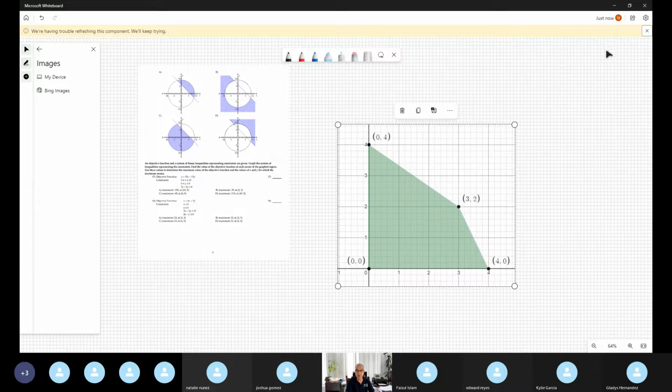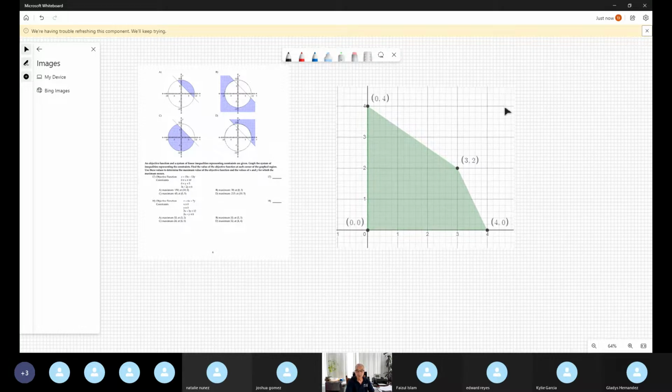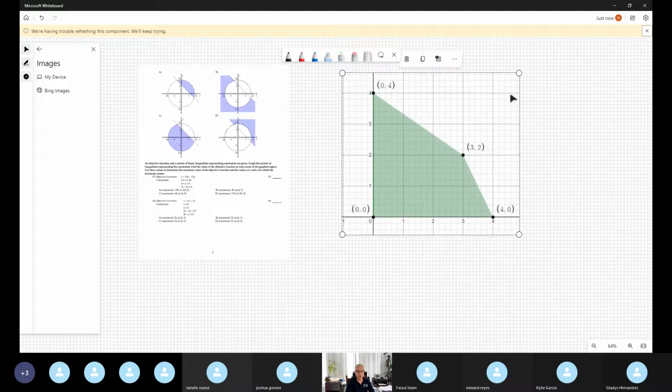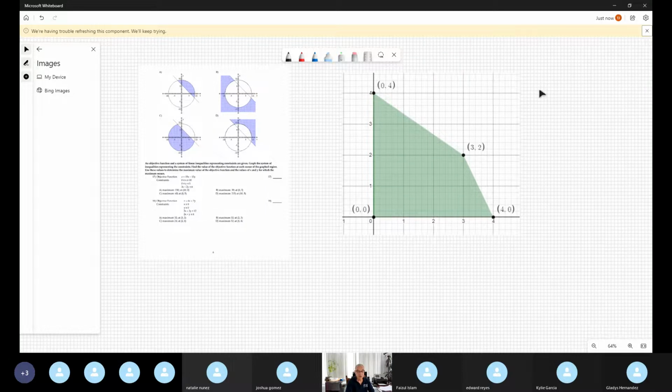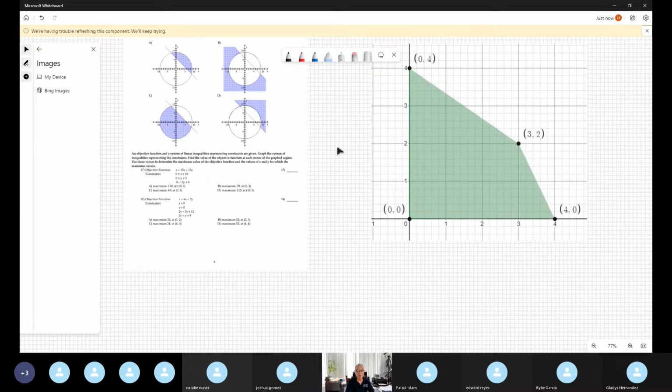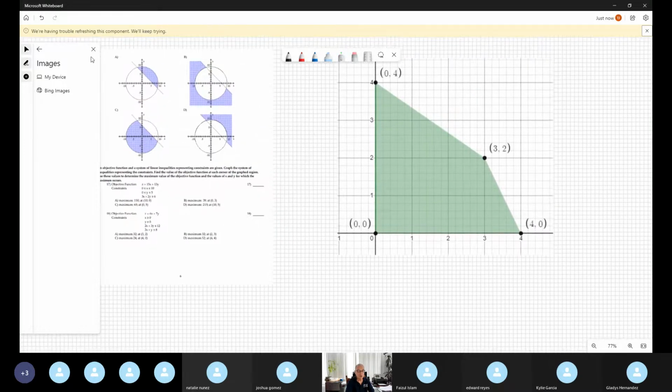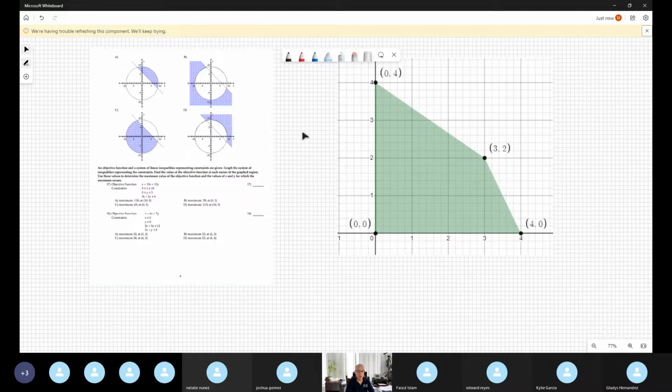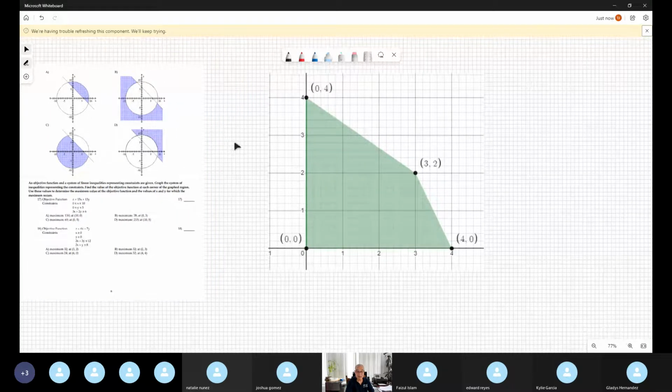Okay, so you remember, the thing is you solve first the system of inequalities that represent the constraints, and you get the feasible region. Therefore, the solution of our problem is inside the green region.